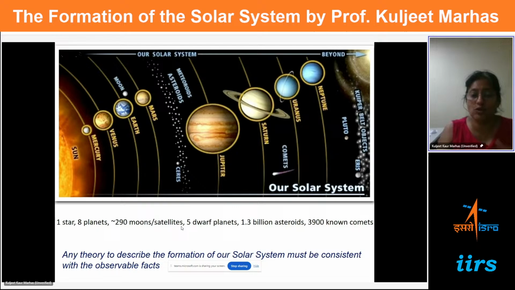There are 5 dwarf planets. You have heard what dwarf planets are from Debabrata. And the asteroids form a belt between Mars and Jupiter. You can see here the dotted lines, around 1.3 billion asteroids. And the comets that come from the outer region of the solar system number around 3,900 known comets to date.